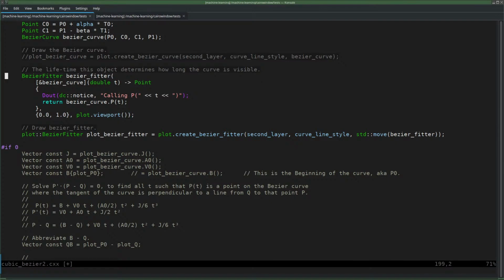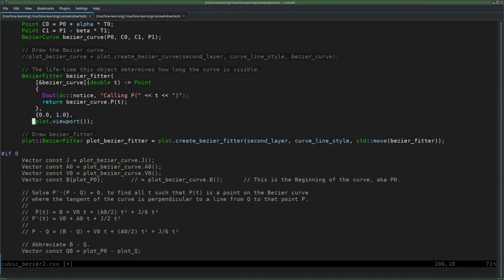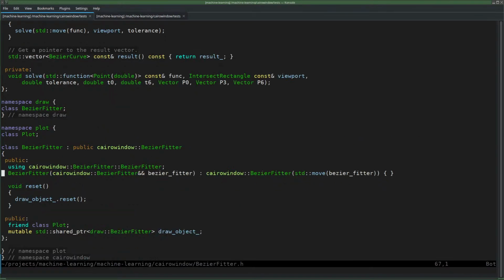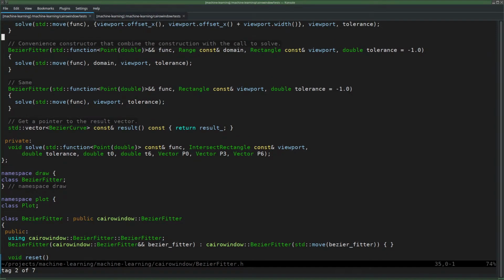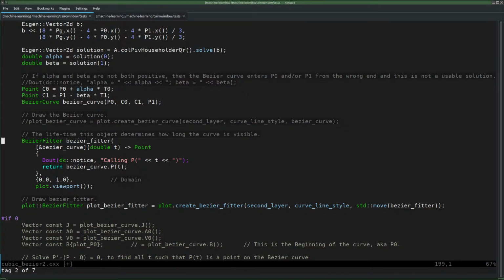So instead of passing it to solve, you can pass it to the constructor. This is what I'm calling then. This is the constructor. We just call solve in turn. This should still work.